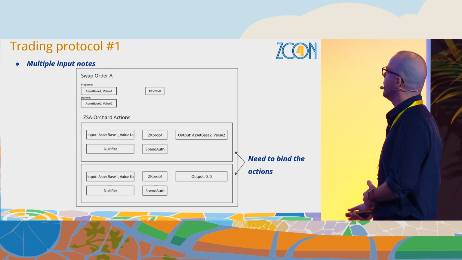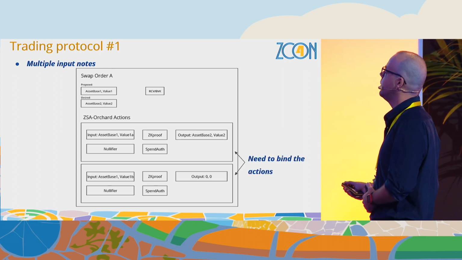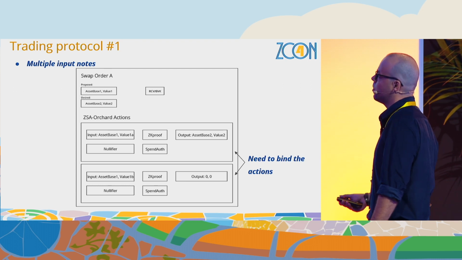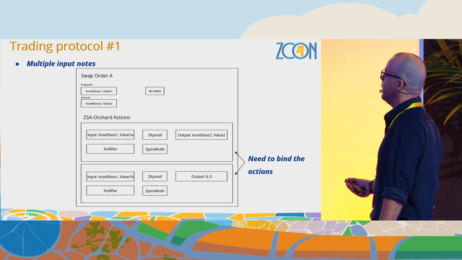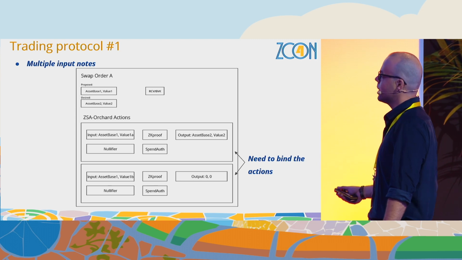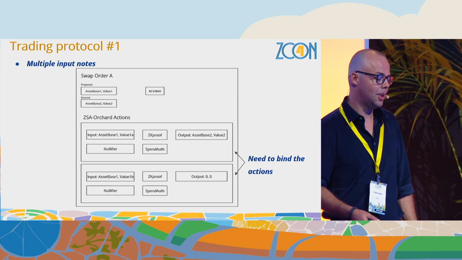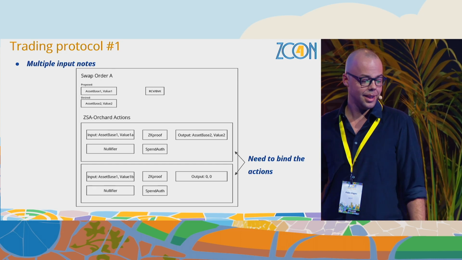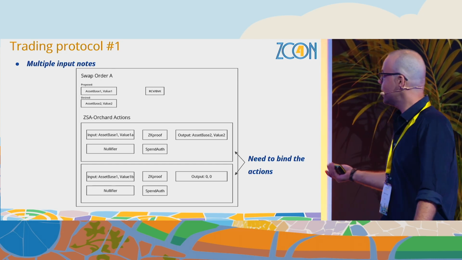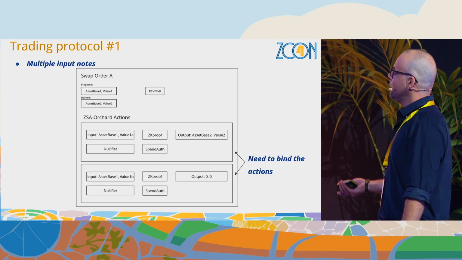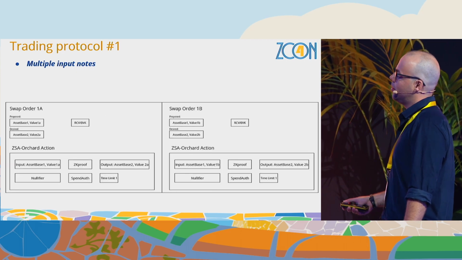Okay. But now we need to find a way to bind these 2 actions together. And this is not part of the protocol. If we don't bind the actions together, someone might take just the second action, address it to themselves, for example, and take this value. Okay? We can avoid this problem by not allowing multiple values.